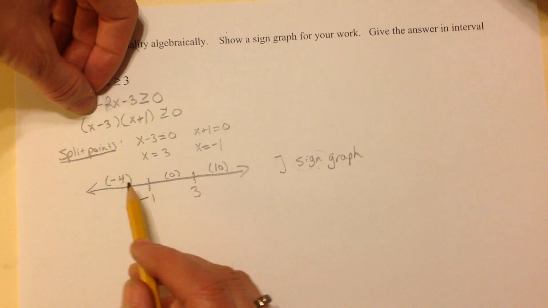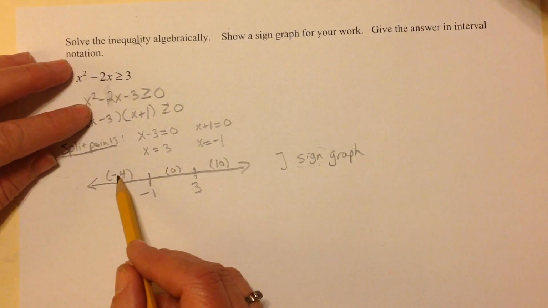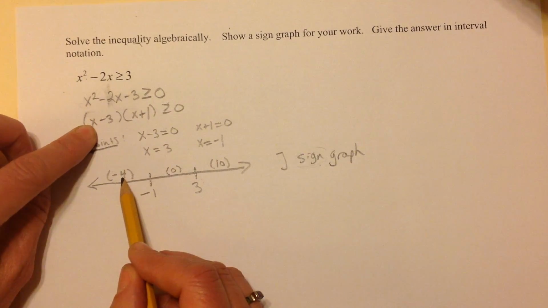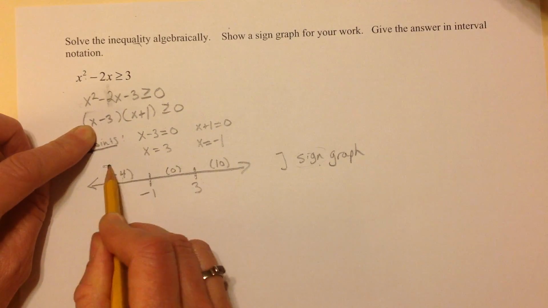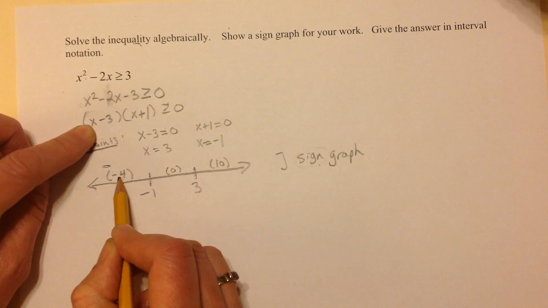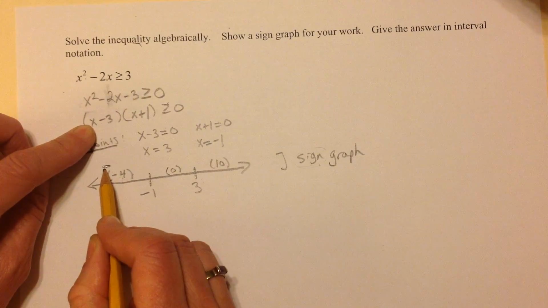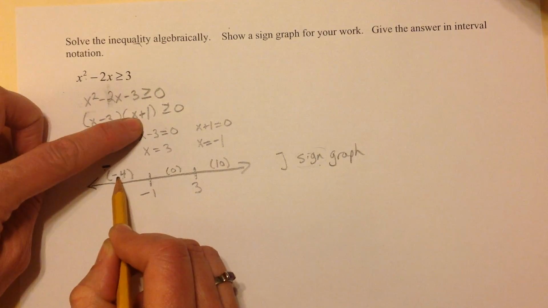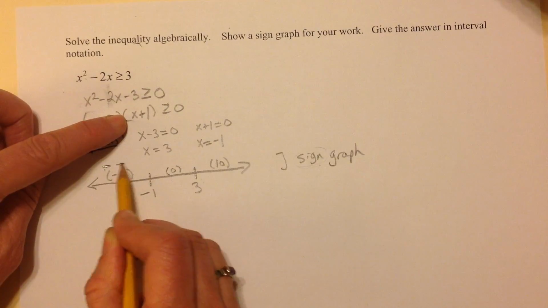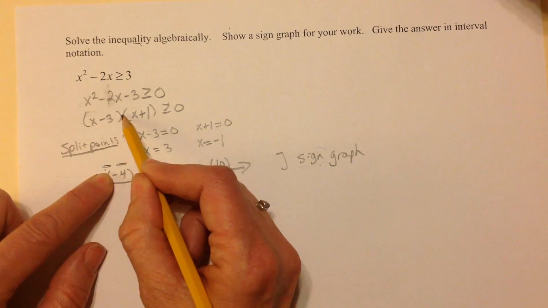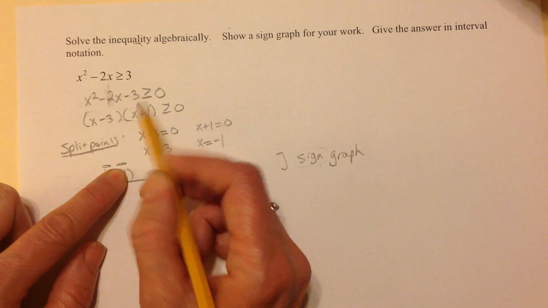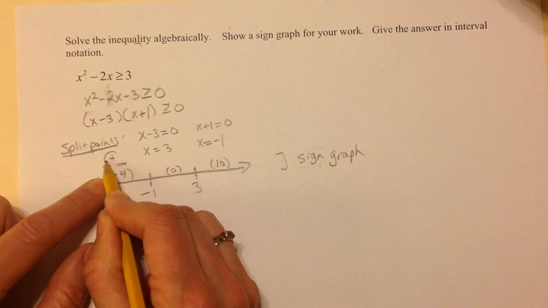With each of these I'm only going to worry about whether it's positive or negative. -4 minus 3 gives me a negative number. I don't care that it's -7, I just care that it's negative. -4 plus 1 also gives me a negative number. And a negative multiplied by another negative overall gives me a positive.